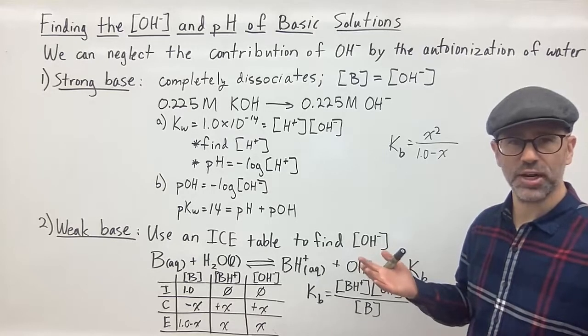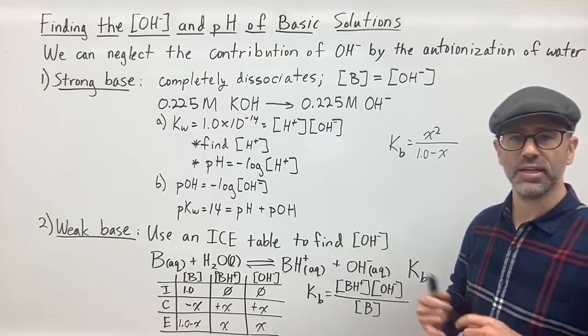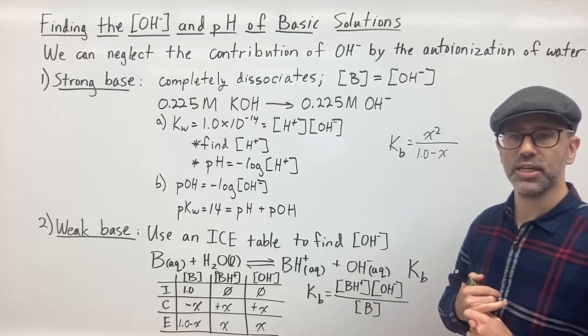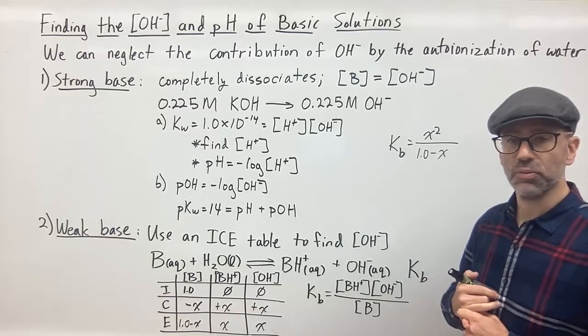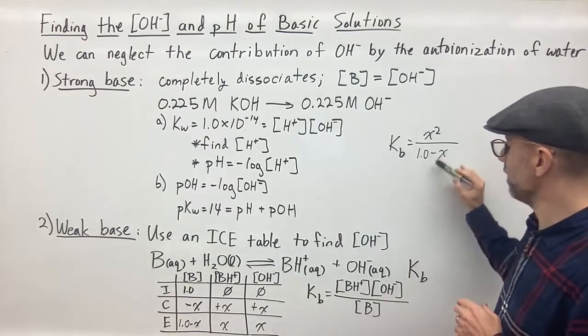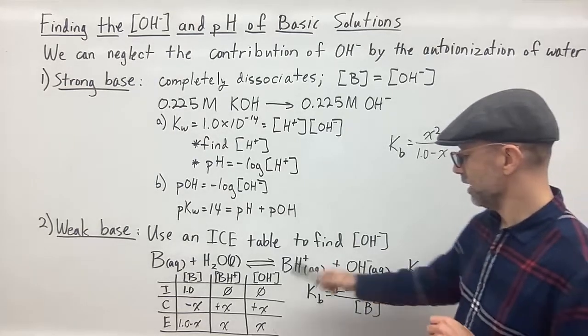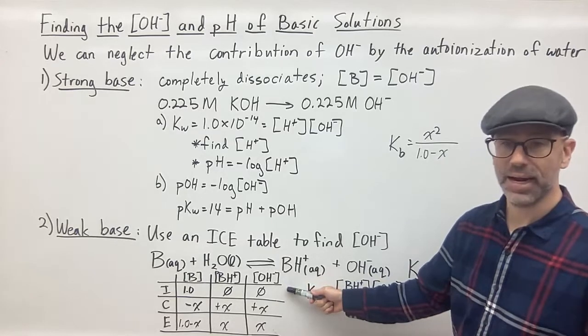Again, this is pretty much exactly the same as finding the H plus concentration and the pH of your acidic solutions. Once I find x, I forgot to mention, I have to realize that x here is my OH minus concentration, not my H plus.